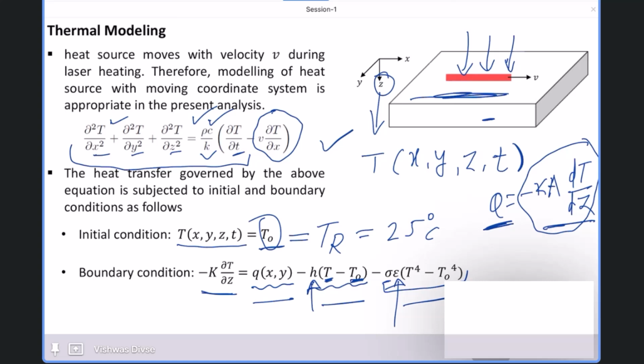So as a researcher, as an engineer, understand your physical situation. You can delete some of the boundary conditions if you want. If you don't want radiation, you can just discard this, no issue. And accordingly, you can select your initial and boundary conditions based on your requirement.